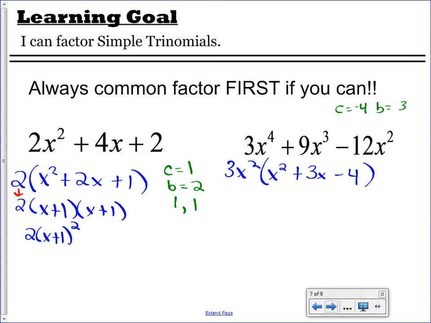Nick? 4 and -1 does give me that combination. So what will I write for my final answer here, Nick? 3x squared, x + 4, x minus 1. Very good. Okay, does anyone have any questions about these ones?